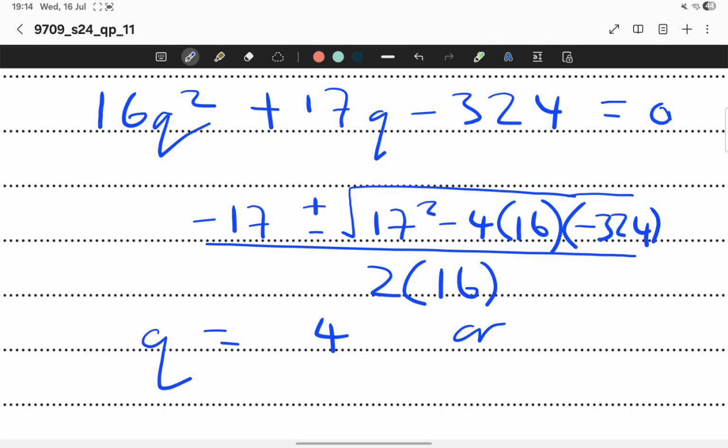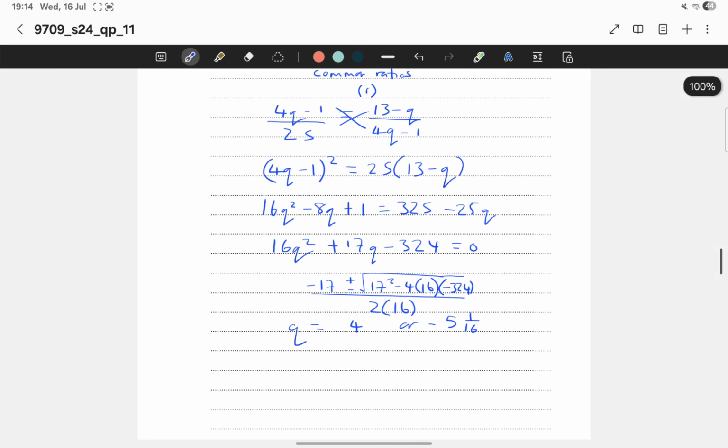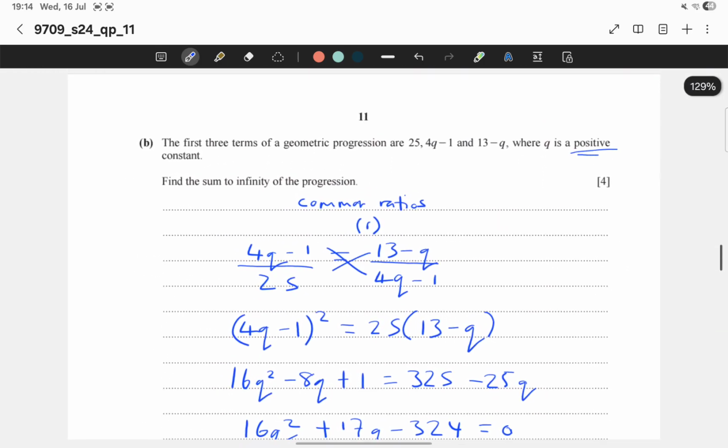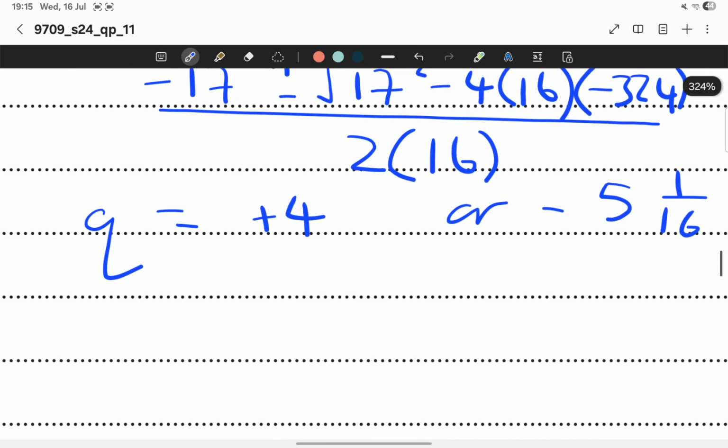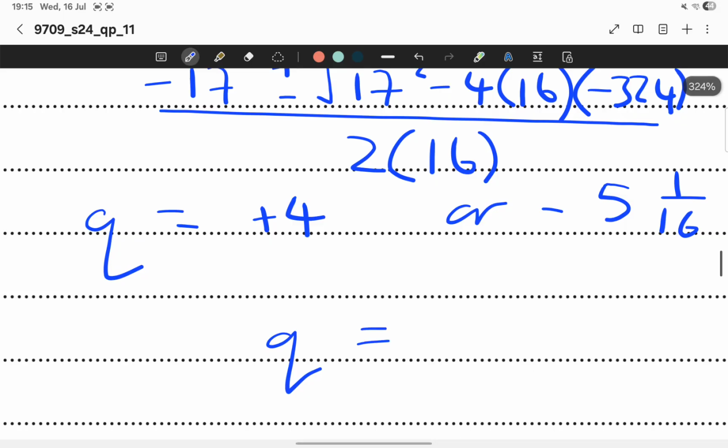Or if we say minus 17 minus the square root, we get minus 5 and 1 over 16. But since the question said q is a positive constant, we're going to go with 4, which is positive. So our q is 4.